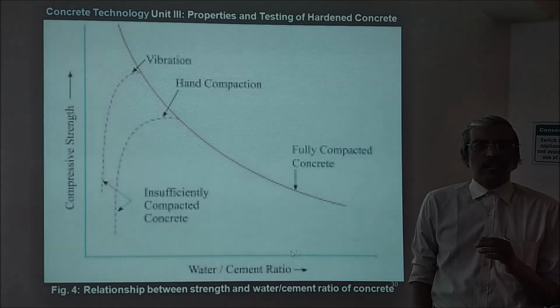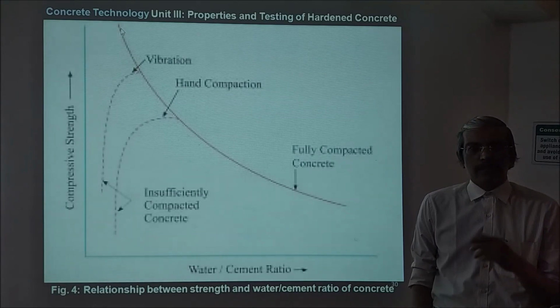This horizontal line is having the water cement ratio and vertical line is having the compressive strength. As we increase the water cement ratio, it is seen that the strength is reducing. For less water cement ratio, the compressive strength of the concrete will be more. For more water cement ratio, the strength will be very less.